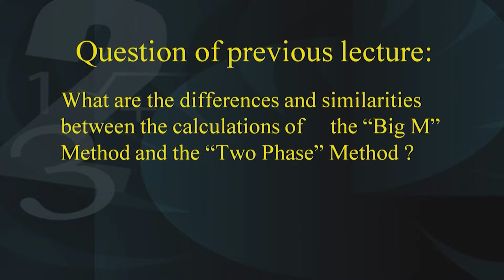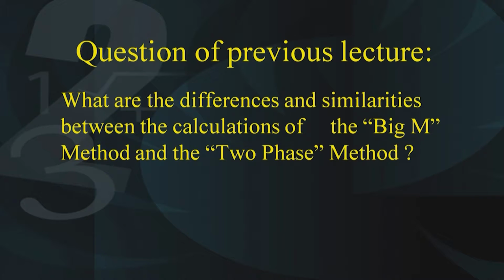So, if you recall, in the previous lecture, that is lecture number 7, I had posed a question: what are the differences and the similarities between the calculations of the big M method and the two-phase method for solving a linear programming problem?